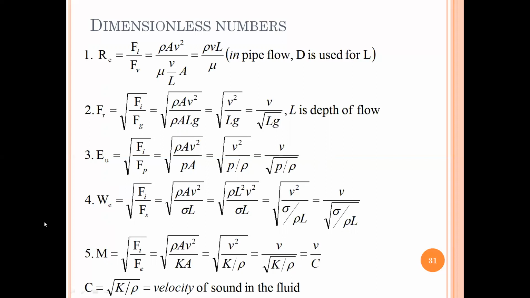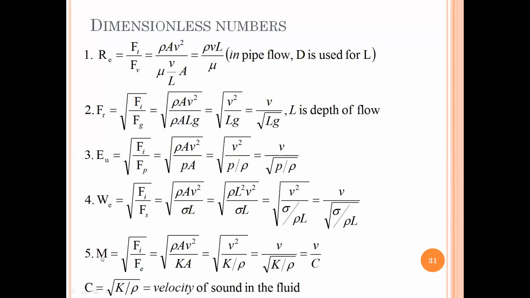I'm taking rho down, so I'll have the square root of V square by sigma by rho L. If I take the square root, V by root of sigma by rho L. Here L is mostly your diameter.